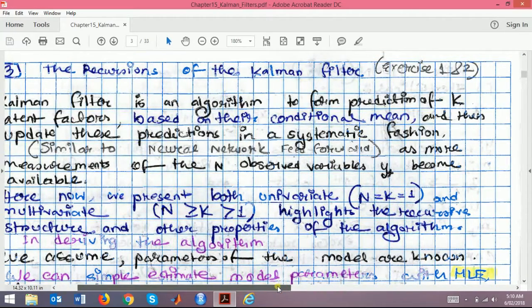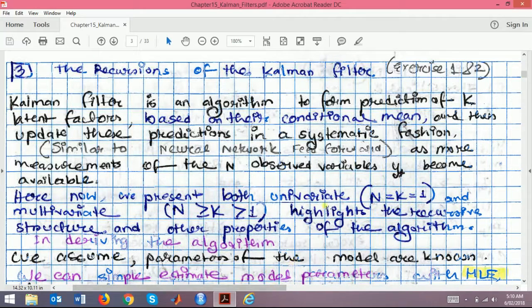The most important thing is to start talking about recursions in the Kalman filter, or to see how the algorithm in Kalman filter estimation is produced. The Kalman filter is an algorithm to form predictions of k latent factors based on their conditional mean, and thus update these predictions in a systematic fashion.